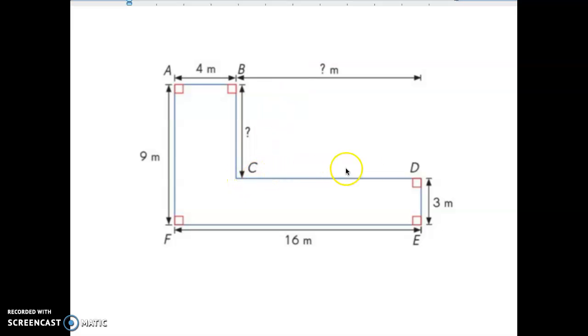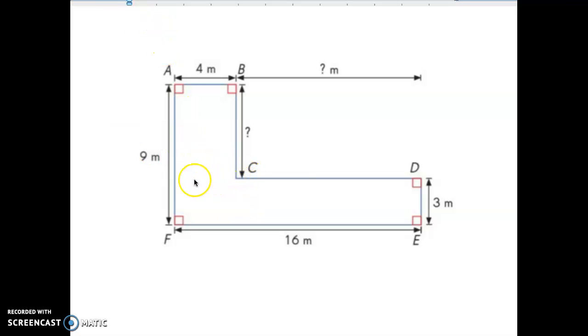So hence this line here is 12 and this is 3. So 12 times 3 would be 36, and 9 times 4 is 36. So 36 plus 36 is 72, and you have an area of this composite figure of 72 meters squared.